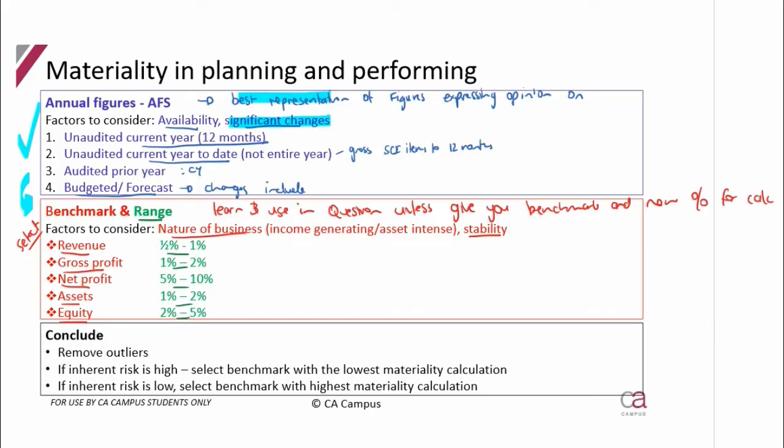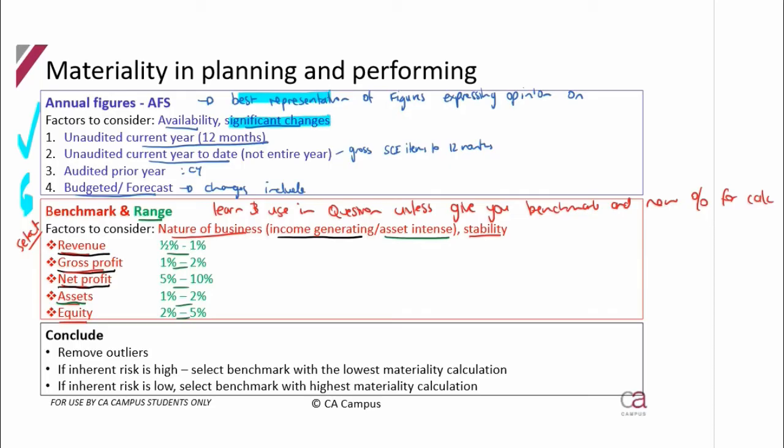As soon as they are income generating, you can use revenue, gross profit, or net profit. If they're asset intense, you can use assets. And guys, I generally see that those are the only two factors that they look at when they're saying the nature of the business.